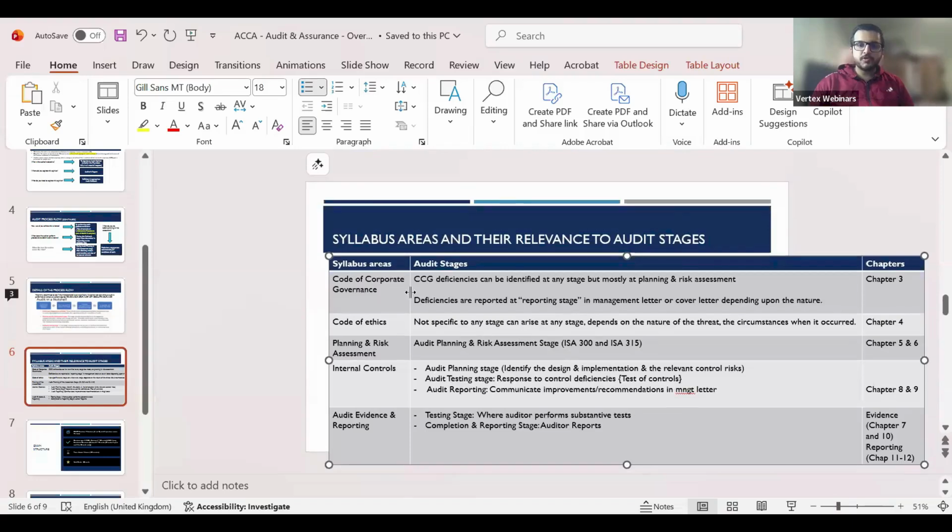So, the code of corporate governance is one of your most important syllabus areas. The code of corporate governance is basically a set of rules that companies need to follow or apply for good corporate governance and for compliance checks.